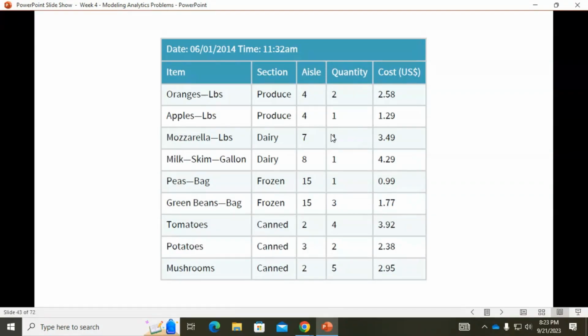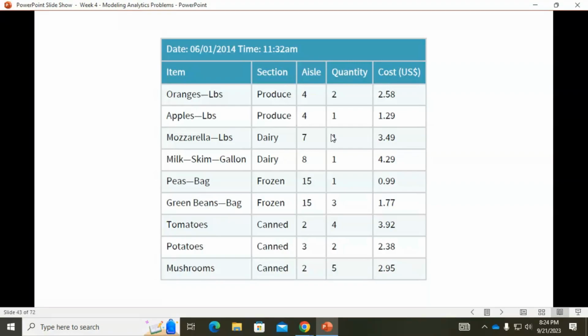What about aisle? This one's a little tricky, actually. So let's start at the top. First of all, is it categorical or is it continuous? So why would it be continuous? It is a number. However, this is where it gets tricky, because just because it's a number doesn't mean that number has numerical meaning.